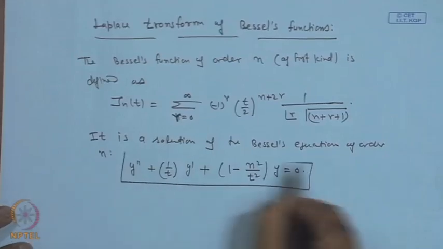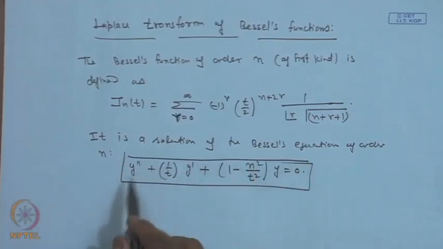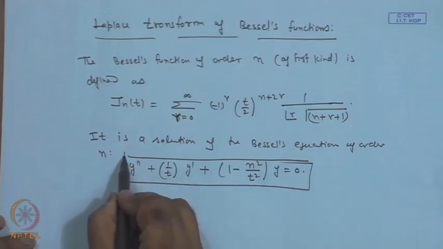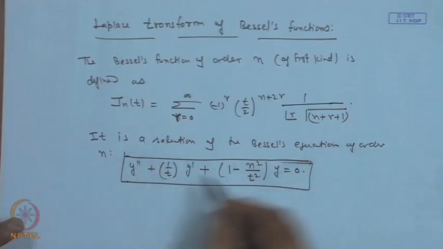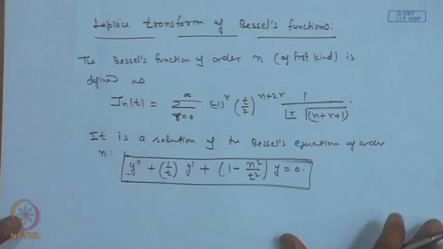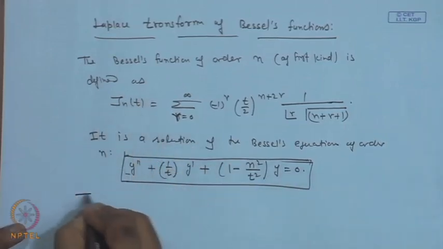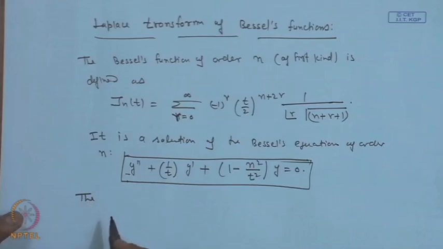So, we will come to this point again while discussing the application of this Laplace transform for solving differential equation, and we will come to this Bessel equation. We will see this solution as a Bessel function.